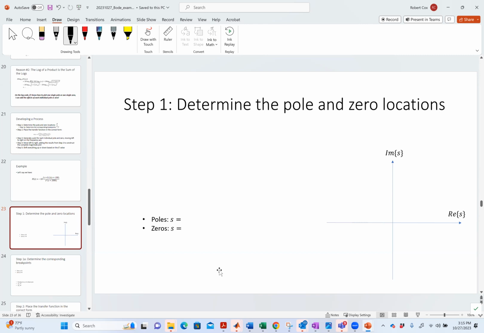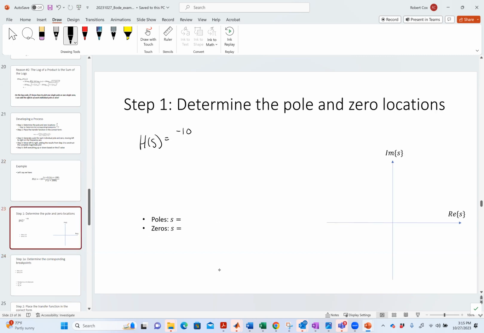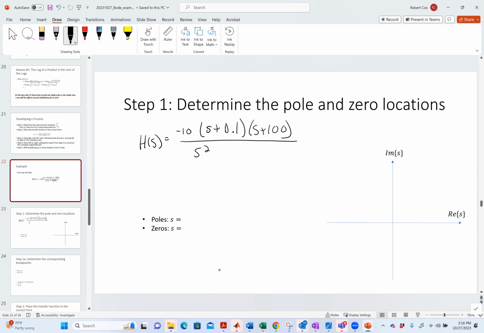So what did I say? I had H of s is -10, and then I had s plus 0.1, s plus 100. I got an s squared, that's ugly.